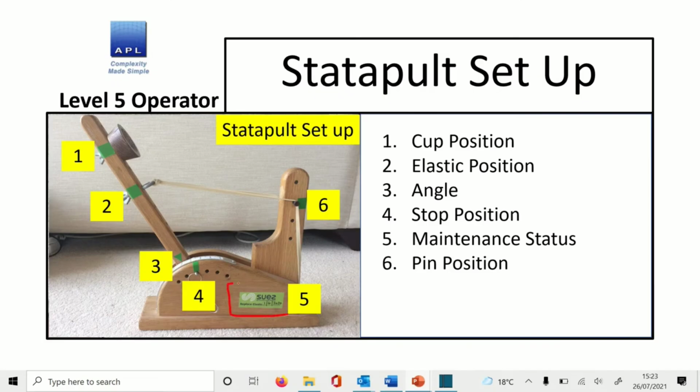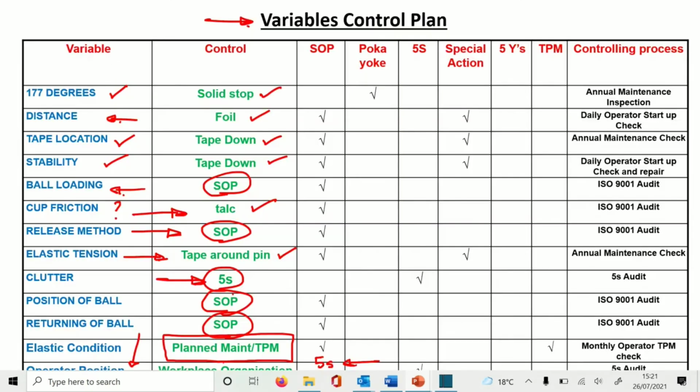You can also see, look, there is a TPM maintenance sticker. It's telling you when the next date of replacing the catapult elastic band is. So we've got all the variables now under control. So there are our variables and there are our solutions. Now they are the improve phase of this process.